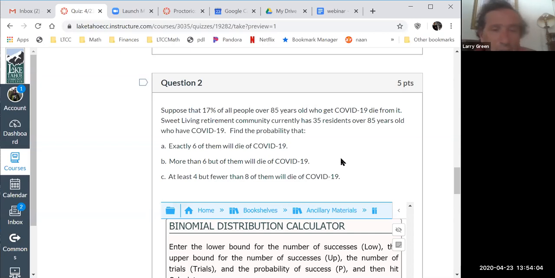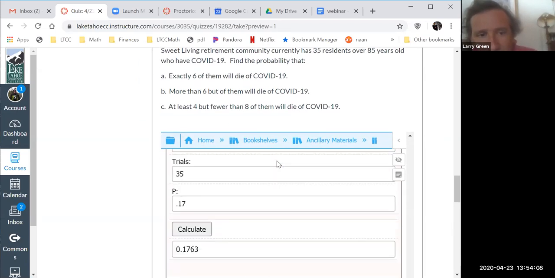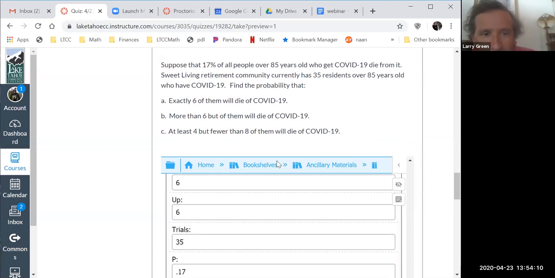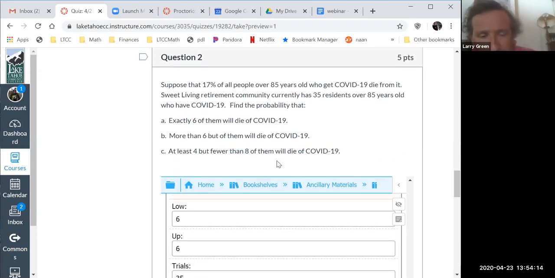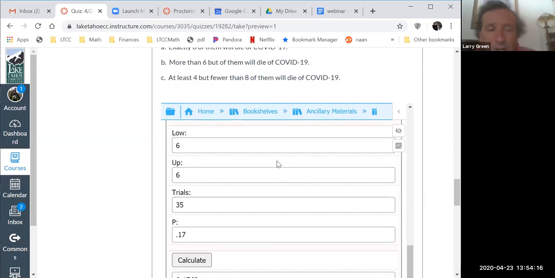What changes for the more than 6? I'll even go to the calculator now. Of those 4 numbers, what's different? The upper is different. It shouldn't be 6 anymore. What should it be?